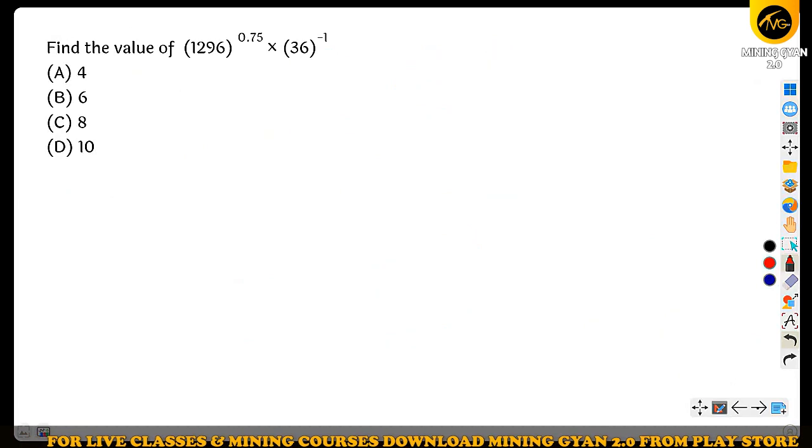Now next one is, find the value of 1296 power 0.75 into 36 power minus 1. So options are 4, 6, 8, 10. What is the answer? You can say that only options.